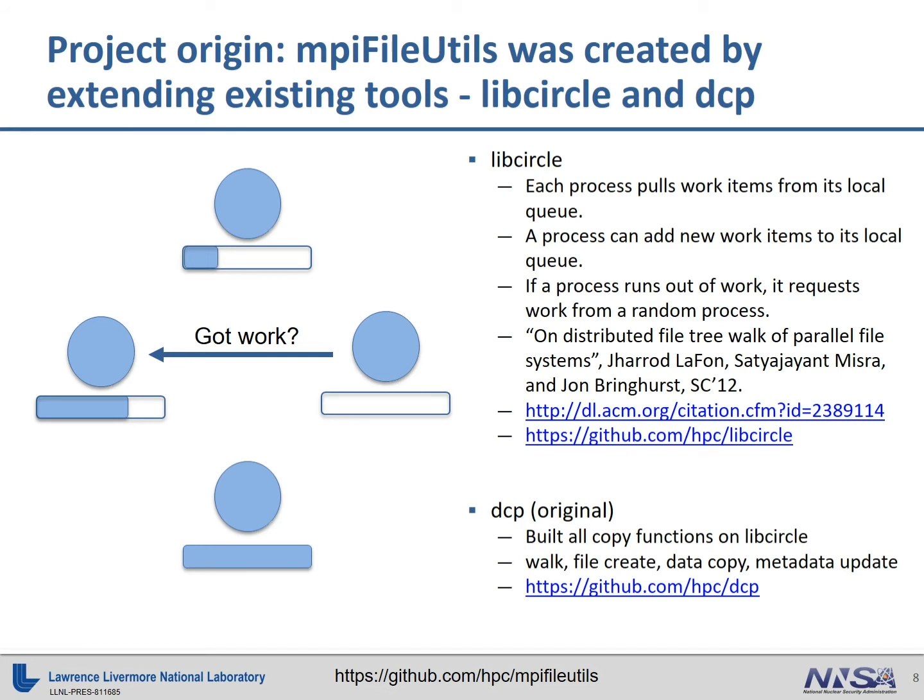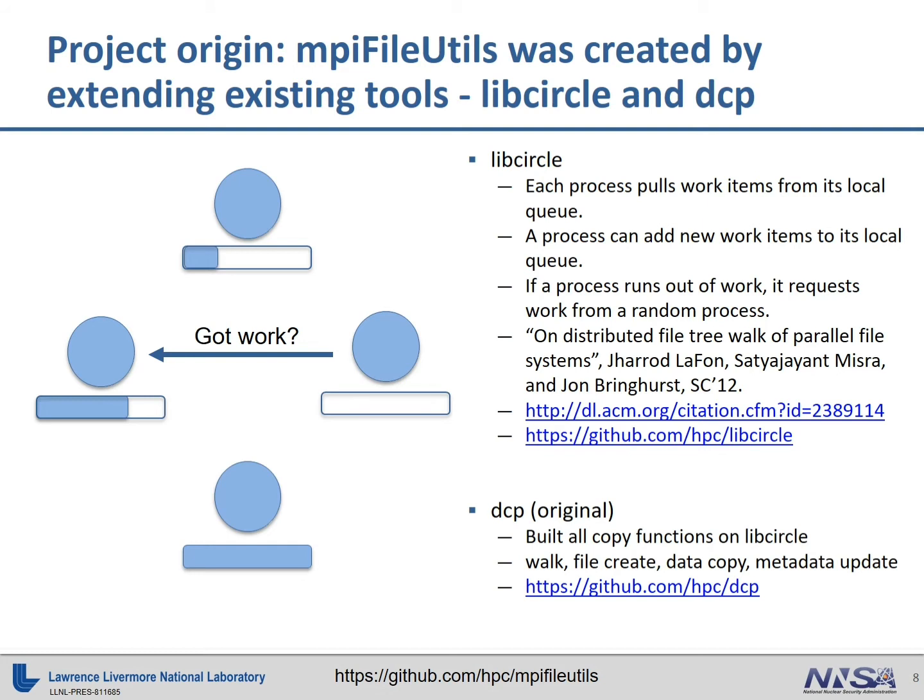The magic of libcircle was that it was a way to distribute work across a set of processes without using the traditional sort of manager-worker approach that a lot of other projects used. The problem with the manager-worker approach is that there's this inherent scalability bottleneck at the manager process, so that eventually you scale big enough and it just doesn't perform that well.